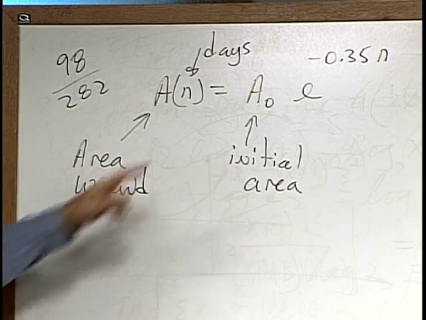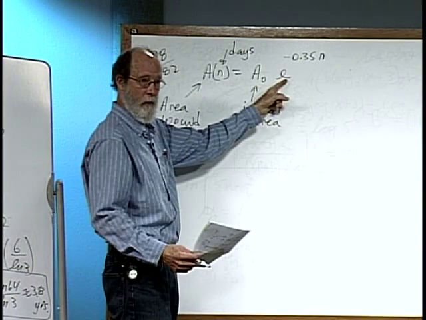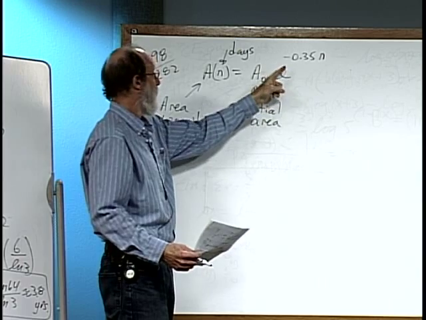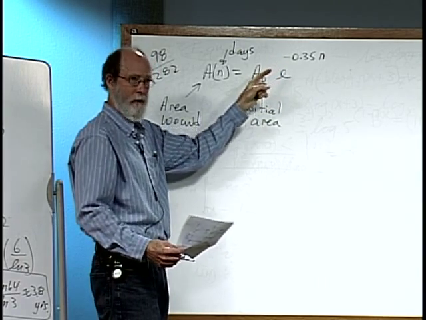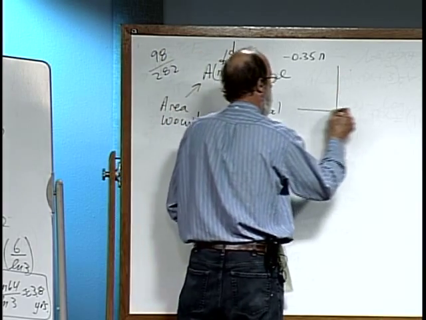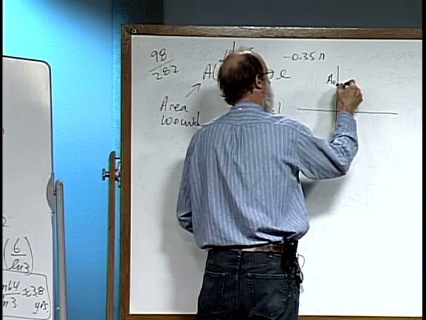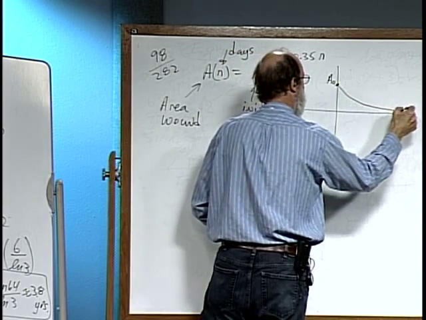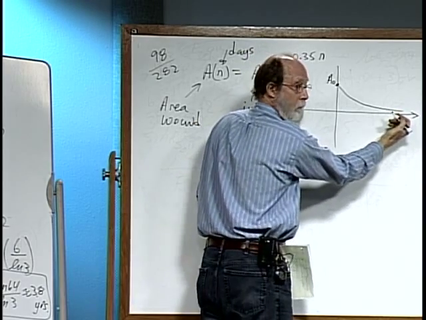When you see a negative exponent on an exponential where the base is bigger than 1, it's going to graph how? Always. Good, Jennifer. It's going to be a decay exponential that's going to come down from this initial value over time, eventually heading towards a horizontal asymptote of 0.